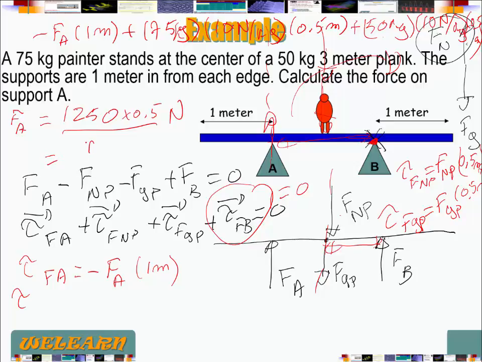So that gives us 612.5 newtons. That's my force. Now, if I need to find the force exerted by B, I just replace this here, and I know everything else, so I should be able to solve for FB.